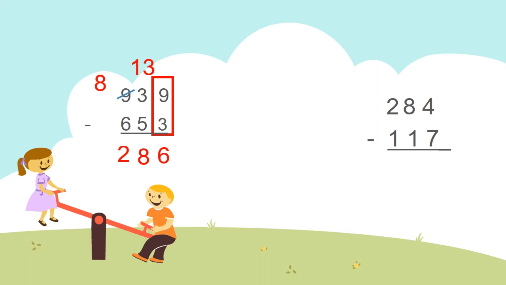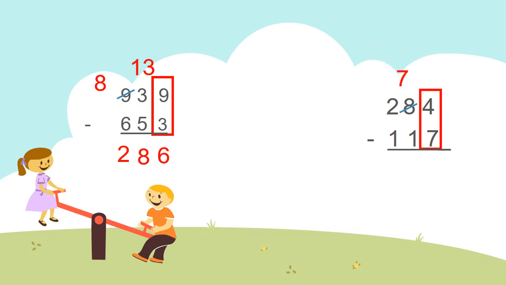Okay, let's read the next number. 284 minus 117. Let's start from the units. 4 minus 7. Get out 4 on your fingers. Can you take 7? No, you can't. So you have to do what? Yes, take 1 from the tens.